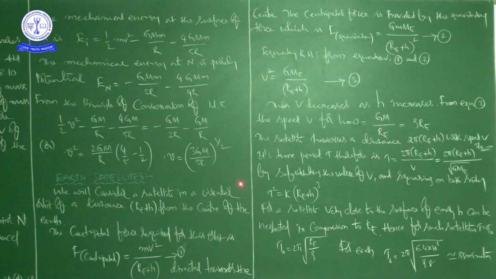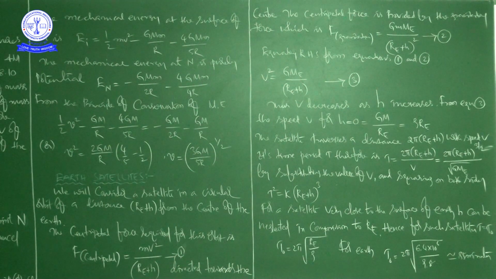The centripetal force required for this orbit is F centripetal equal to mv square by r. In place of r we write R_E plus h. So F centripetal is equal to mv square by R_E plus h, equation number 1.